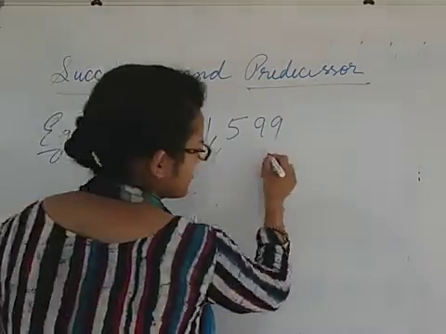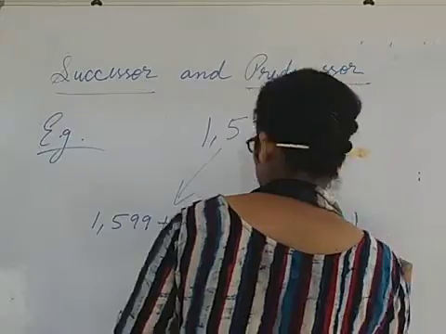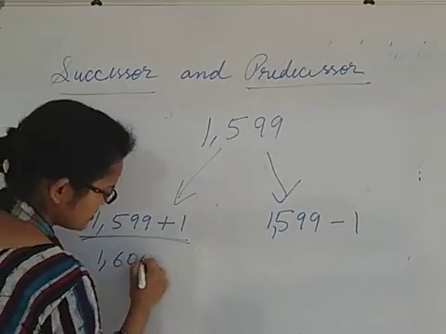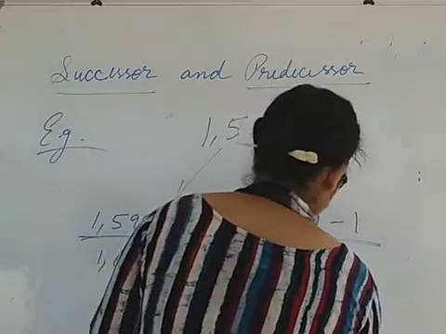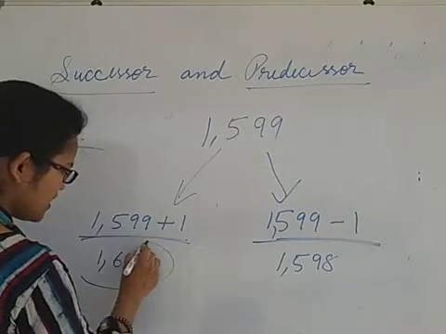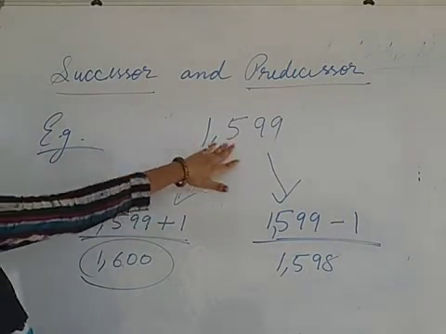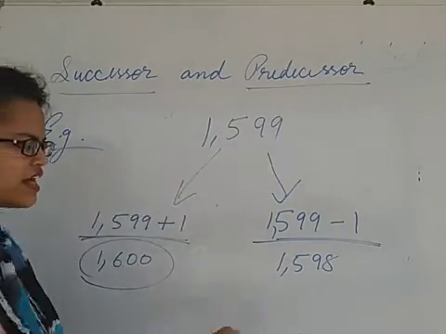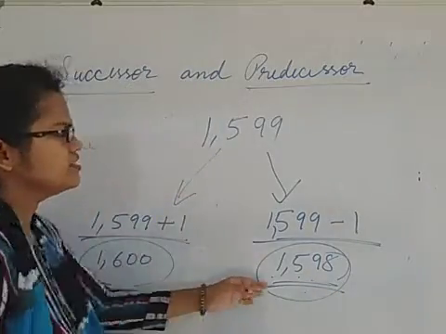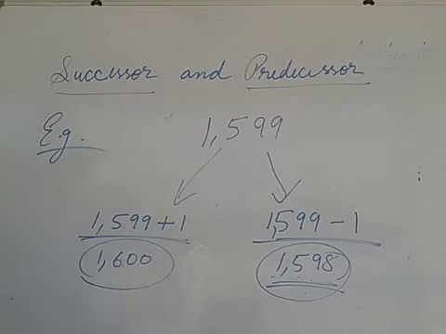And for the predecessor, less than 1. So what number will we get here? 1600. And here what will we get? 1598. So 1600 is the successor of 1599 and 1598 is the predecessor of the number 1599.